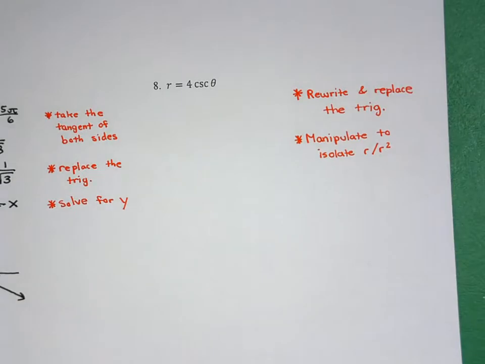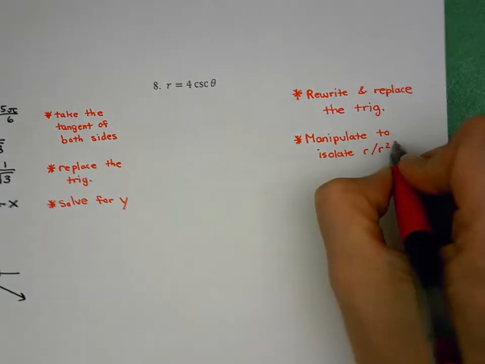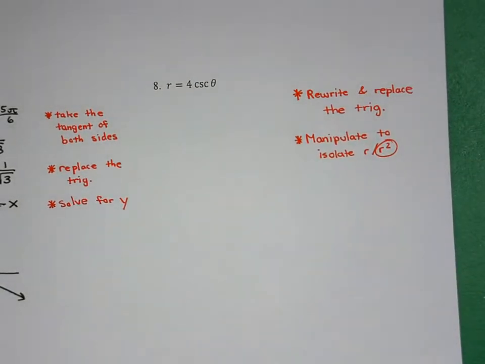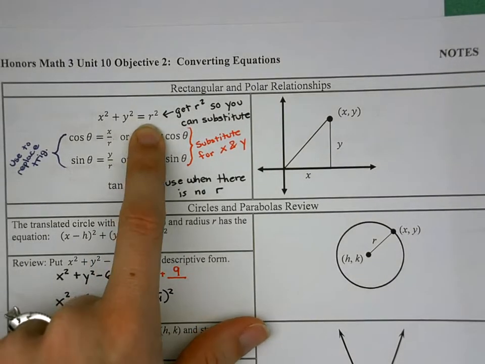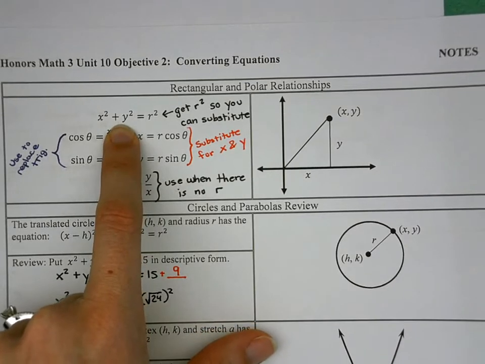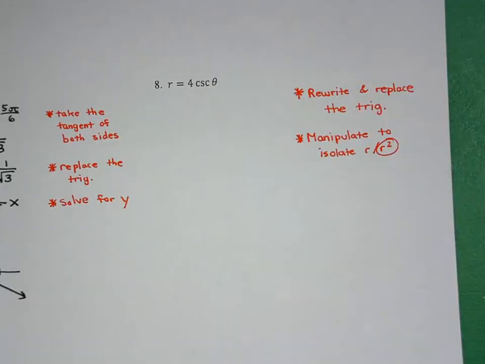Ultimately, our goal is to eventually get to that r squared in order to substitute our x squared plus y squared in, if at all possible. But we're going to be manipulating, so that might mean multiplying by a denominator, or adding or subtracting things, whatever you need to do to get it into that form where we can get all of our r's to potentially be r squareds that can then become x squared plus y squareds. Okay?